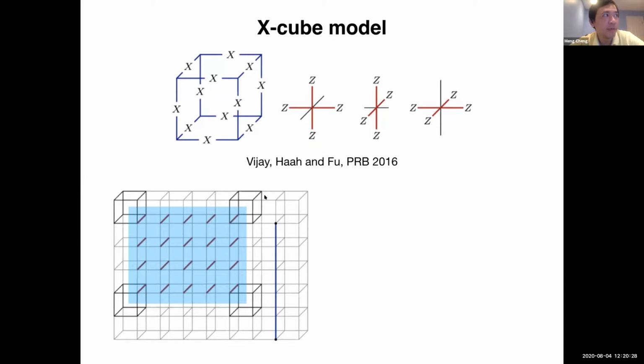One is flipping some of these cubes to -1, and as you play around with these models a little bit, you see that you cannot generate just a pair of these cube violations. You have to generate at least 4 of them at once, and the operators that generate these 4 are actually supported on a sheet, on a square sheet like this. And I emphasize that this is really a square sheet. It's not like a fluctuating membrane.